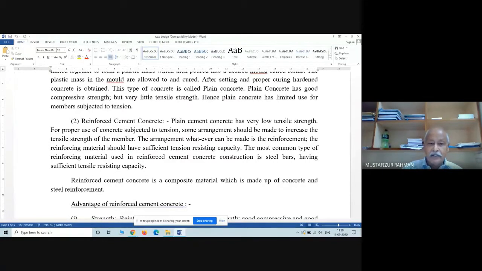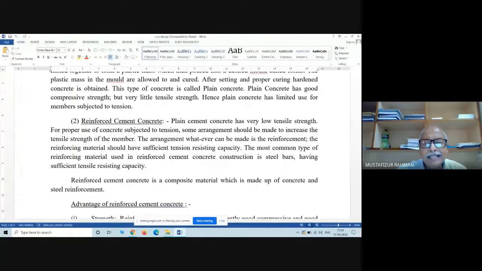So the main purpose of using reinforcement is to increase the tensile strength of the member constructed of concrete. This is the main thing. I will give you this later.